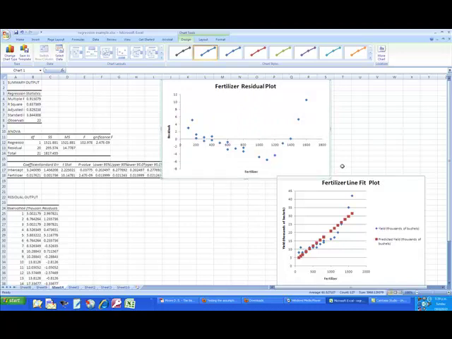Okay, so what is this? This is called the residual plot. And all it is, if you look at this linear regression line, it's just the error off of the regression line.